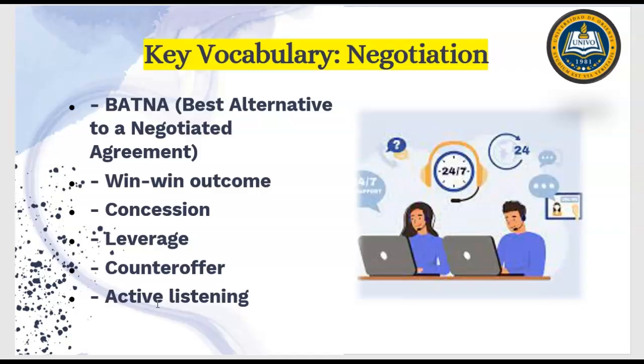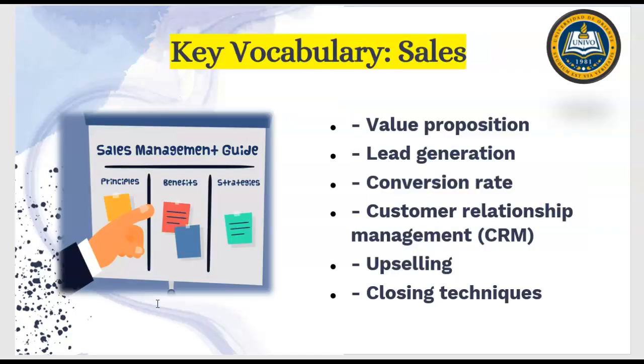When we say key vocabulary, it means you have to keep in mind active listening, counter offer, leverage, concession, win-win, BATNA. Those words and those concepts are useful when in a negotiation. Now let's move to the next page, because we have the key vocabulary when selling.